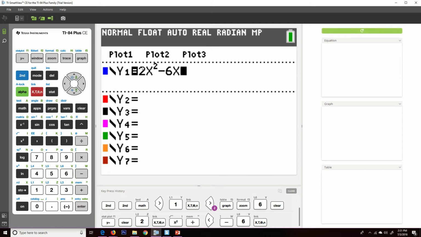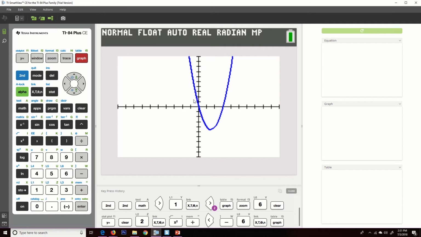So this polynomial function of degree 2 means the degree is even, and its leading coefficient is positive. So our end behavior would tell us that this thing goes to positive infinity as the x values go to negative infinity and to positive infinity. If we hit graph, we can see that as we go to the left, the function goes up, and as we go to the right, the function goes up.